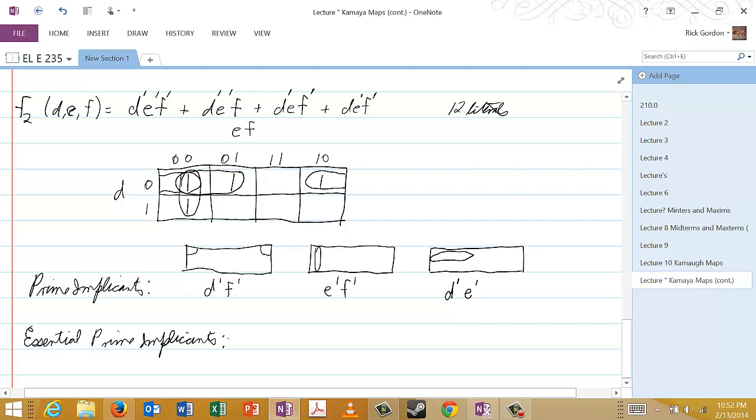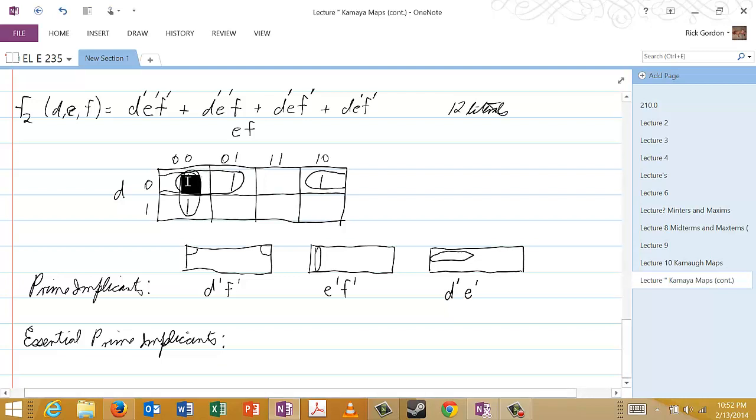And to find the essential prime implicants, remember that the procedure here is to begin by finding the essential 1 cells. Is this 1 cell essential? Clearly not, because in fact it's contained within all 3 of our existing prime implicants. And remember, to be essential, a 1 cell must be contained within only 1 prime implicant.